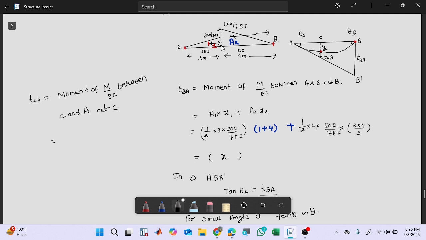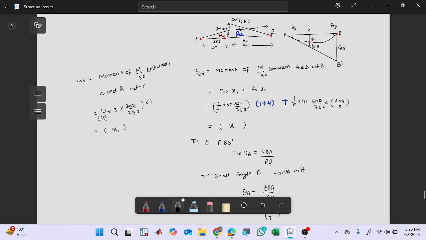The area is A1, and what is the moment there? Isn't it 1 by 2 into 3, that is, the base is 3, height is 300 by 7 EI. So this is the area, and the distance is 1. So from here also I will get some known parameter. Let's say that is x1.